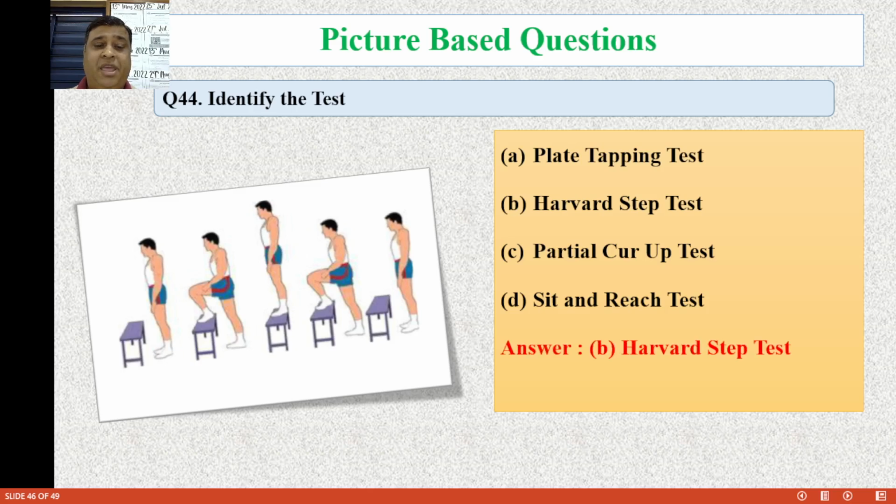Options are plate tapping test, Harvard step test, partial curl-up test, sit and reach test. Now the option is B, Harvard step test. One modification: in partial curl-up, it should be CURL. It is a typographical mistake; you can just go through it, curl.